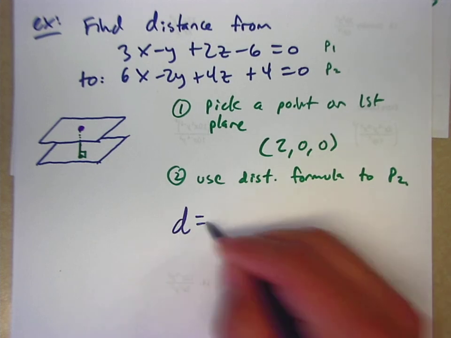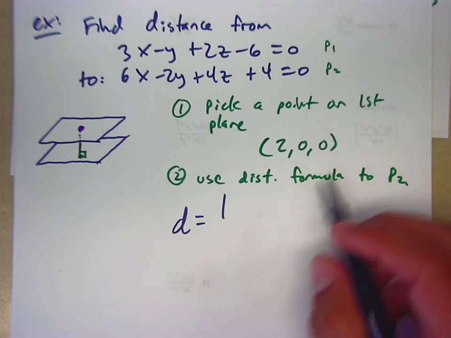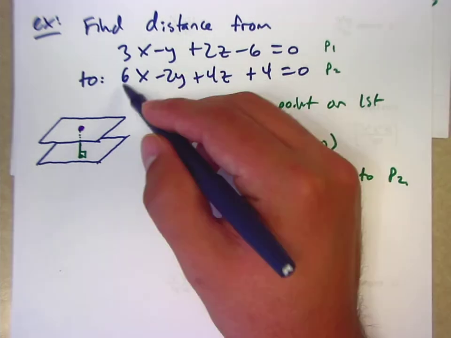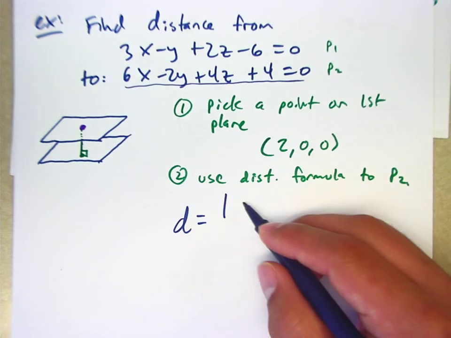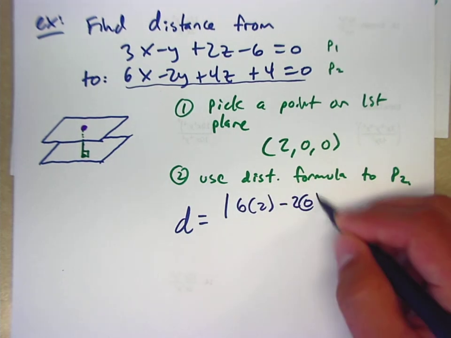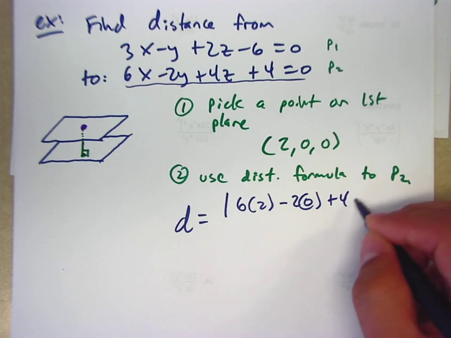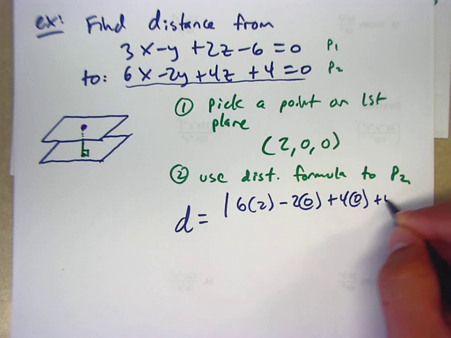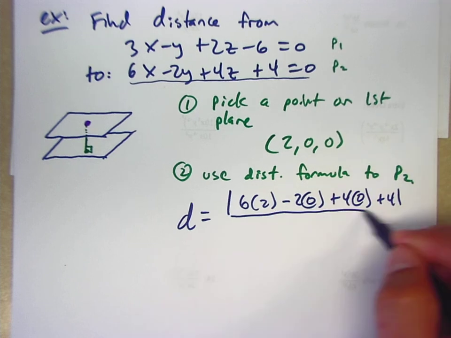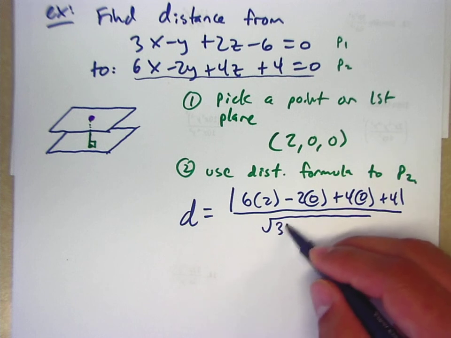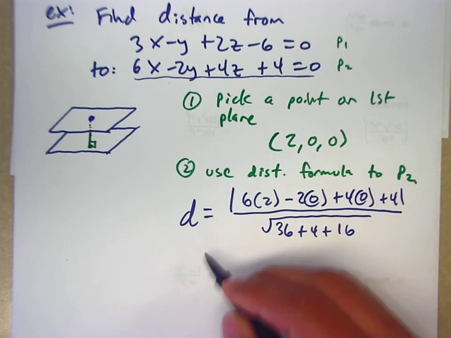So the distance is going to be absolute value of, and now here's plane 2, so I'm looking at this equation, 6 times 2 minus 2 times 0, and you probably don't need to write that, but just for completion's sake, I'm going to write everything out. And then we do the square root of 36 plus 4 plus 16.